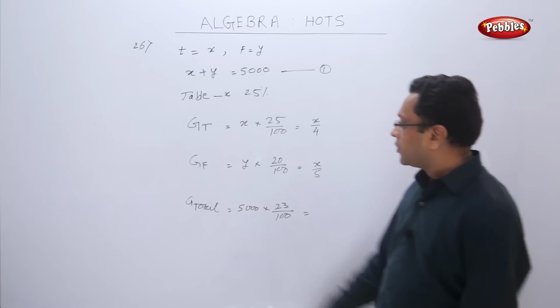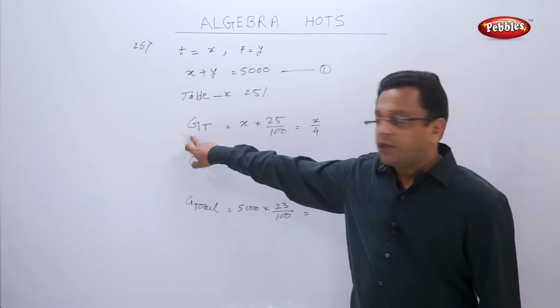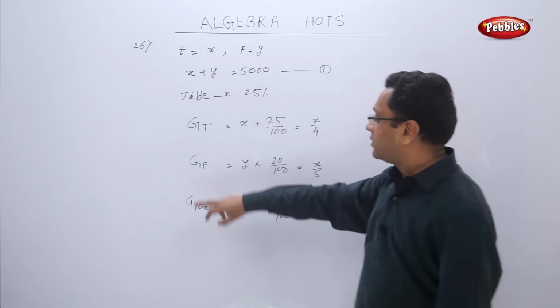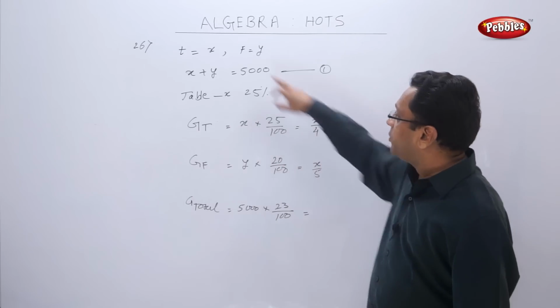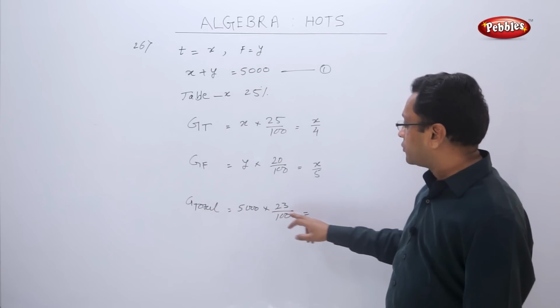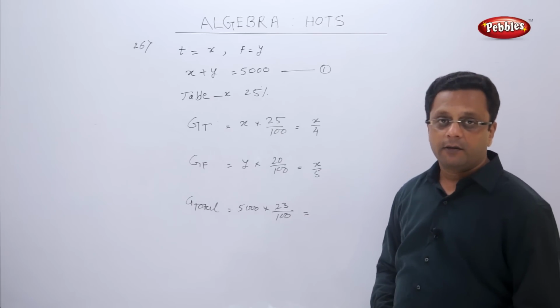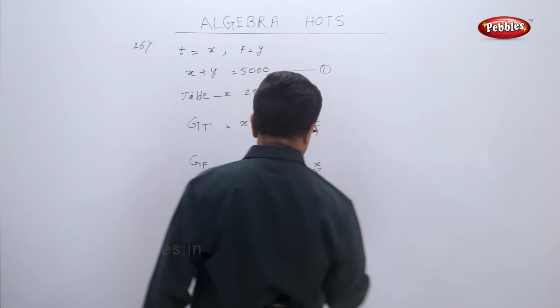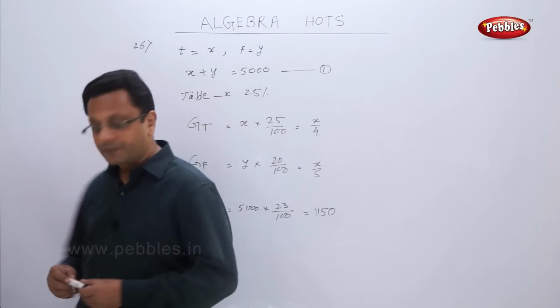Got it? The gain he got on the table is X by 4 because the cost of the table is X. The gain on the fan is Y by 5 because the cost of the fan is Y. And the total gain is 5,000 into 23 by 100, that is 1150 rupees.